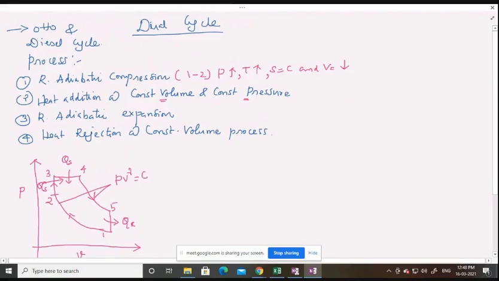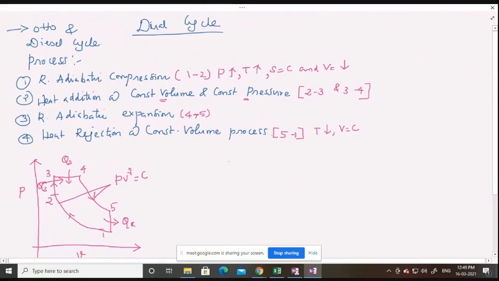Heat rejection takes place from 5 to 1, where temperature decreases and volume is constant. The expansion takes place between 4 and 5, and the heat addition processes are 2 to 3 and 3 to 4.